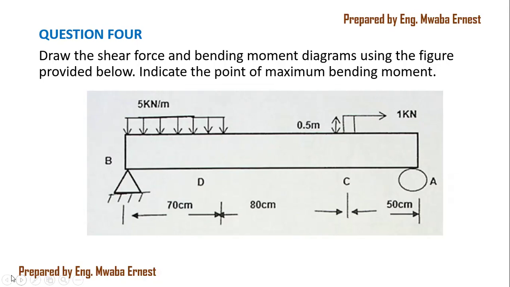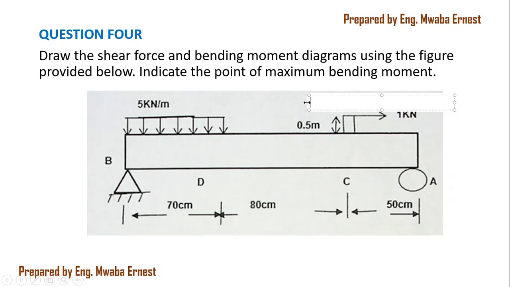The first thing I want you to notice when you look at this diagram is that the perpendicular distance at point C is 0.5, going up to where the 1 kilonewton force is acting. So there is a localized moment arising here, which is the product of this force and that perpendicular distance.